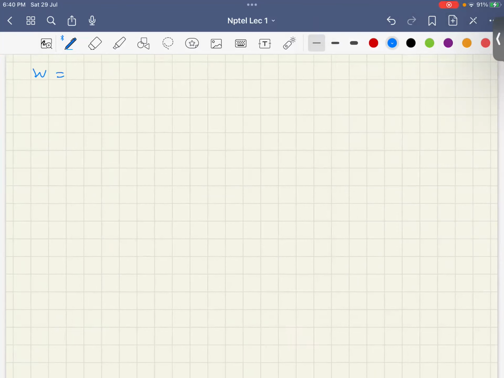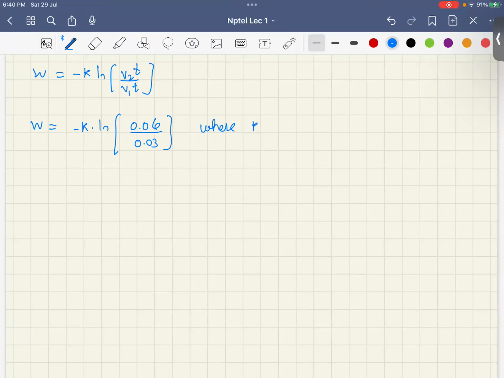So W is what? We know W is nothing but minus K and then V2T by V1T, right? Therefore, W is equal to minus K into ln of 0.06 divided by 0.03, where we already calculated K value as 42000 joules.